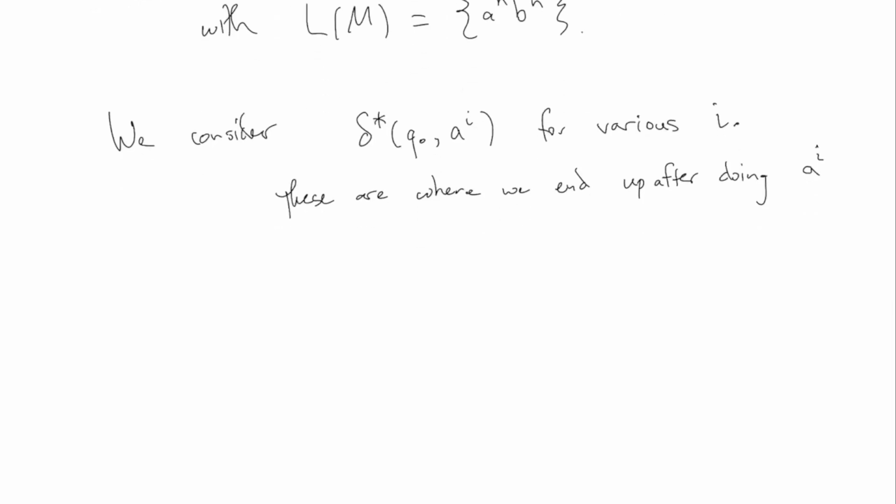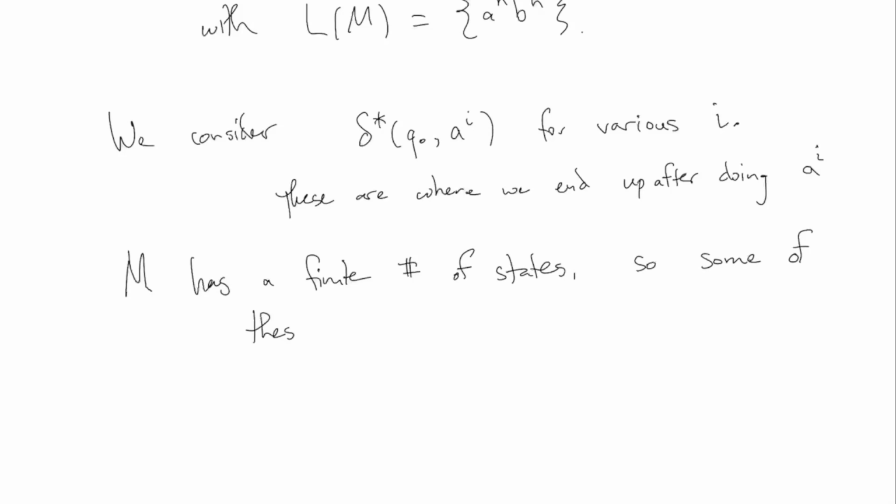The DFA is finite. That's what the F means. It has a finite number of states. M has a finite number of states. And what that means is some of these, that is, these I'm talking about is where we end up, some of them have to be the same as one another.